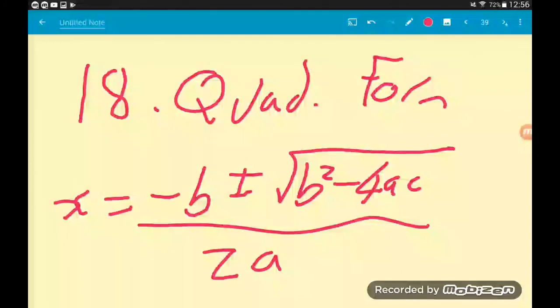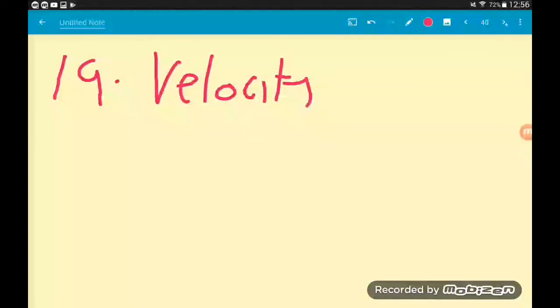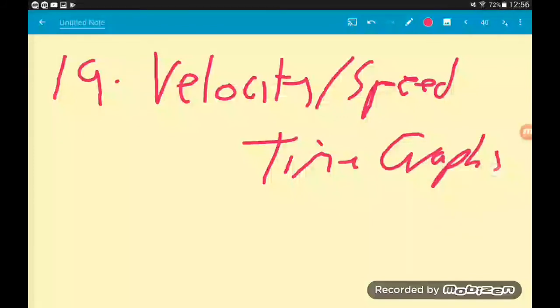Okay, number 19. Velocity slash speed time graphs. So these are when we have velocity or speed going up the side, time going along the bottom.